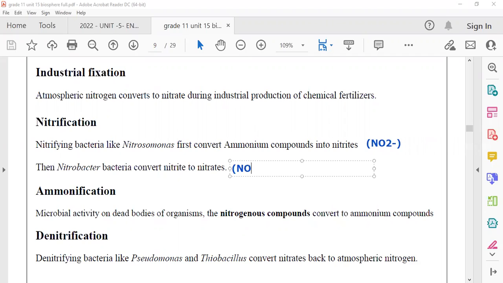Okay, I already told you. The first step is conducted by the bacteria called Nitrosomonas, and the second step is conducted by the bacteria called Nitrobacter.